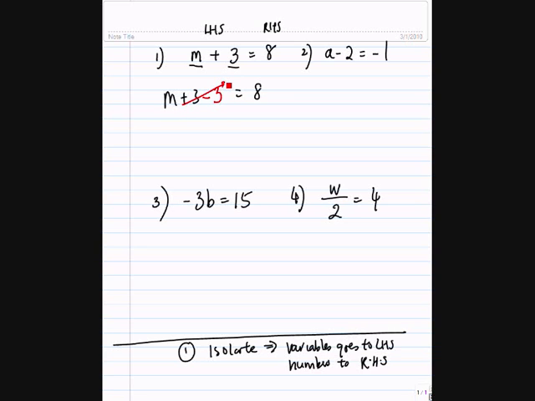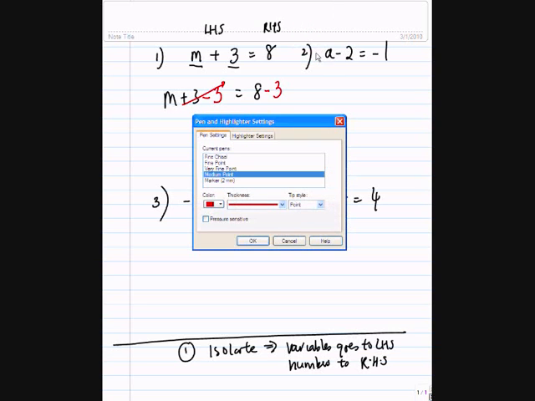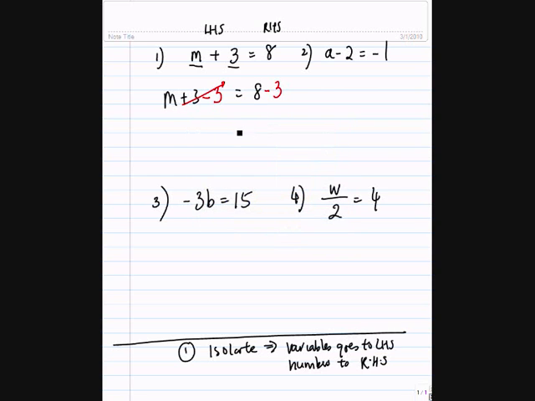So in order to make the equation balance, I need to subtract 3 on the right hand side. After subtracting 3, what do I get here? I'm left with m on the left hand side and 5 on the right hand side. To check if this is the solution to the equation, you just simply need to substitute m equals 5 back into the equation, and you will get back 8.